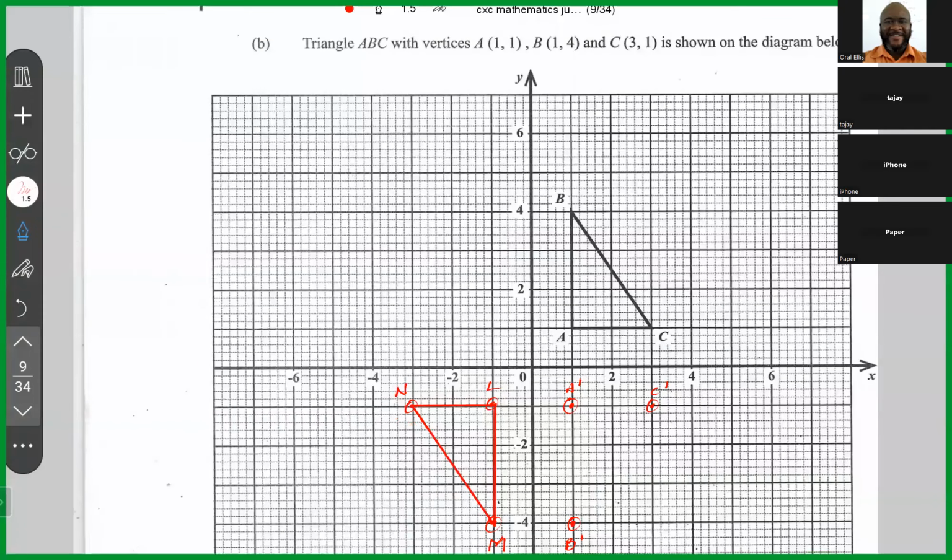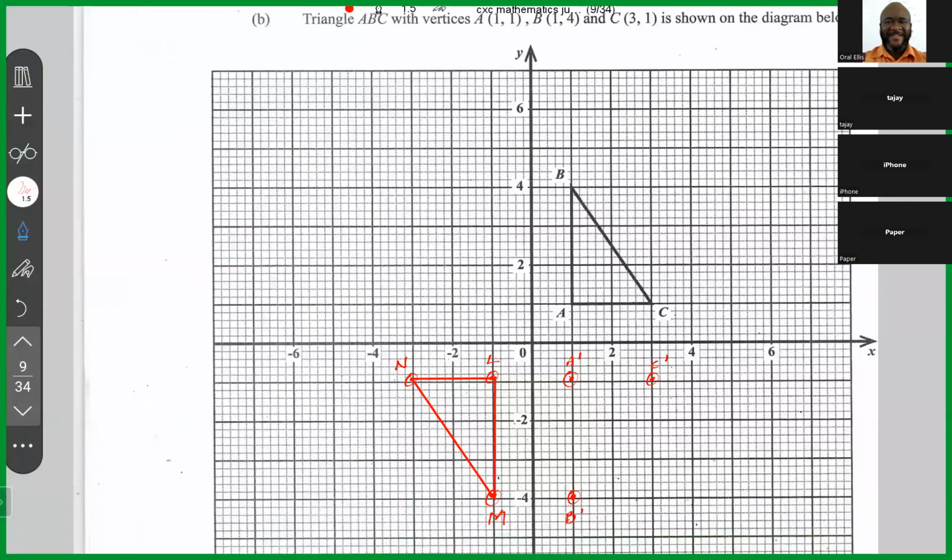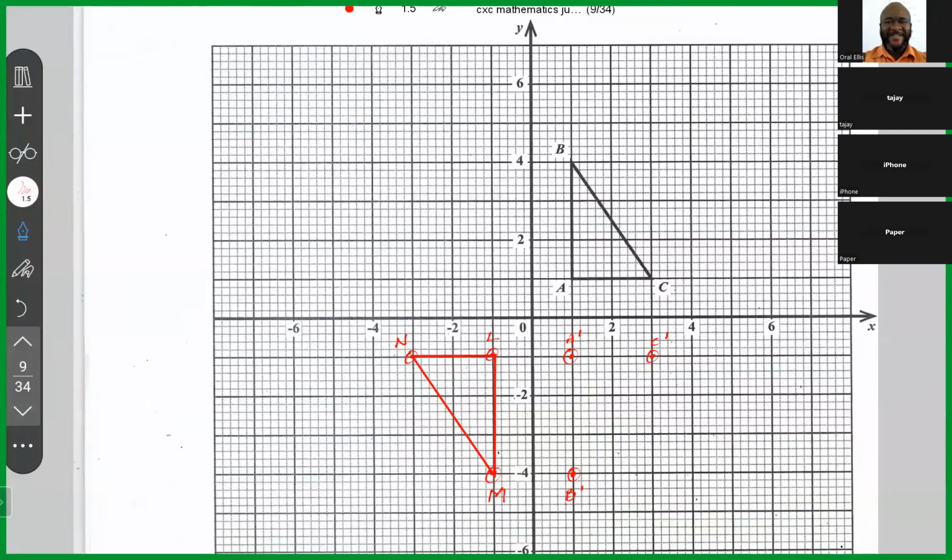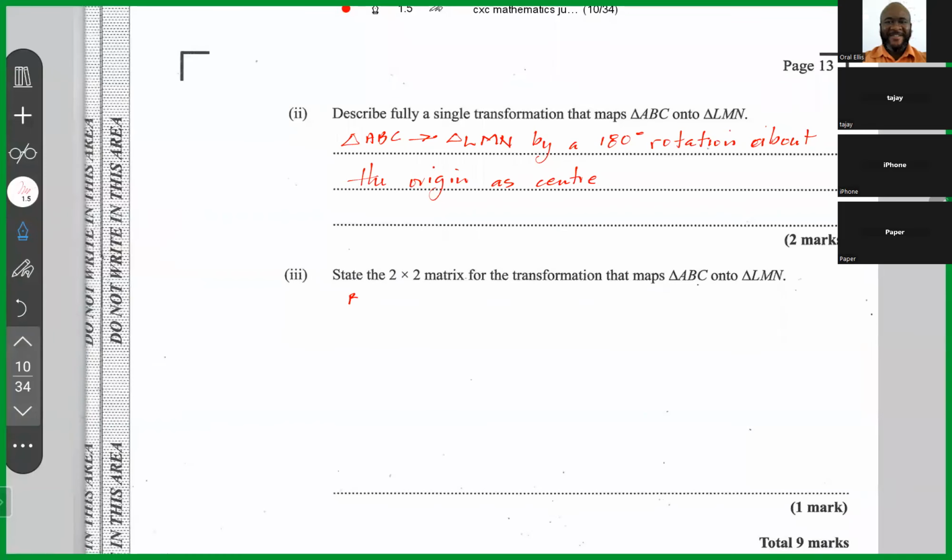Let's look at B. B, which is (1, 4), became M, which is (-1, -4). So in this transformation, essentially what happened is that the signs of the coordinates change.